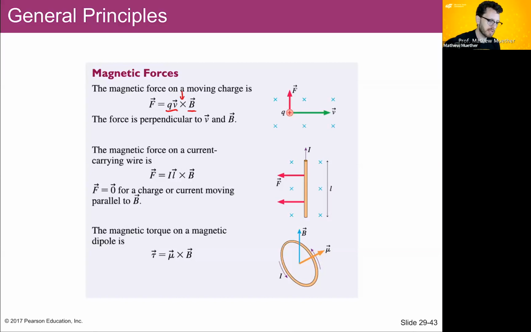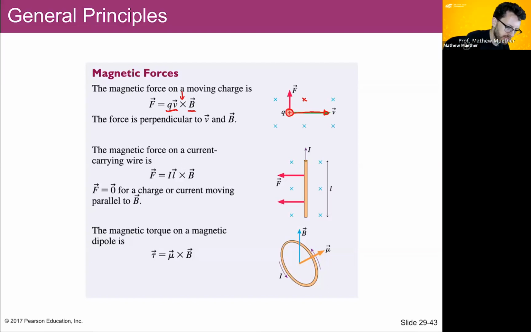Here's a diagram. A positive particle is moving to the right, and I've got a magnetic field indicated by these blue X's, so the magnetic field is pointing into the board. I can calculate the direction of the force. I can align my index finger with QV.